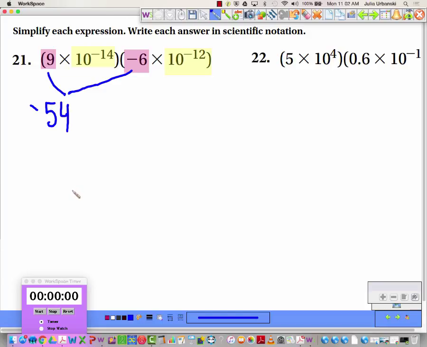That's the coefficients. Now you do 10 to the -4 times 10 to the -12. Since the 10s match, you add the exponents. Good. And you put the times in between. Okay? But this is a problem like Friday, where we have it written with a power of 10, but it's not truly scientific notation.